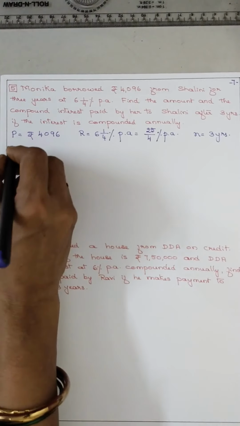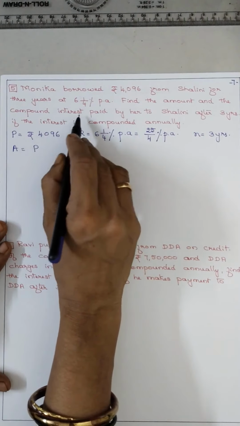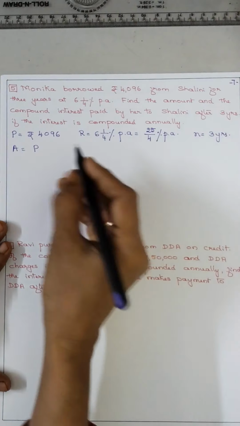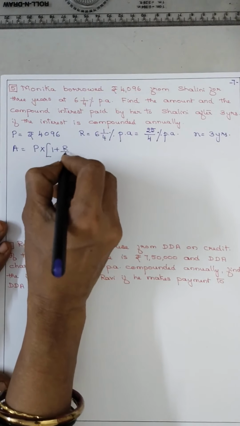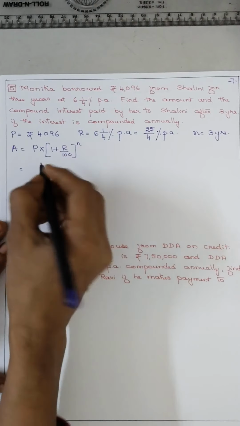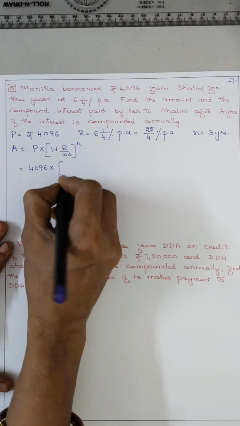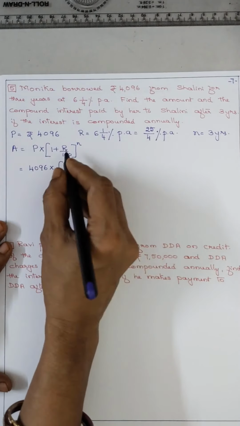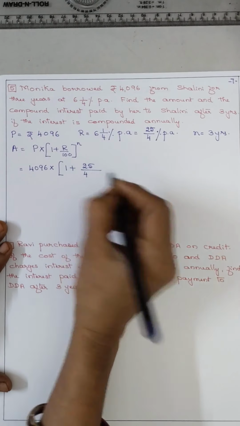Now A is equal to P. It is a compound interest and amount, both they have asked. Into 1 plus R upon 100 the whole raised to n. 4096 into 1 plus R is 25 upon 4.